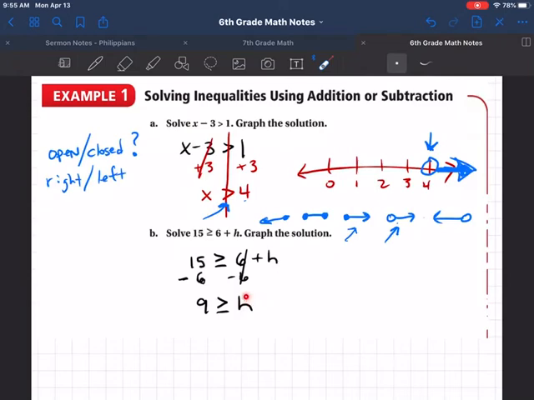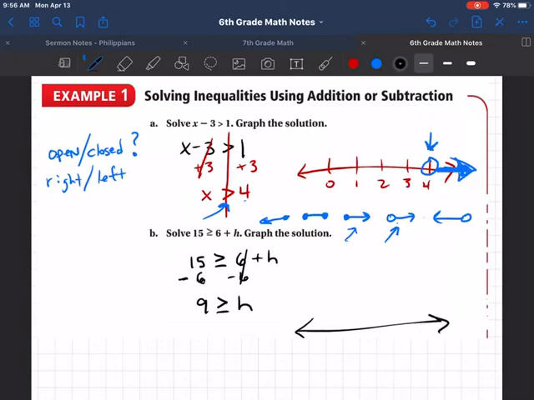But what I need to know is what are the values of h that make this true. H is true when it is less than or equal to 9. So you always start at your variable, then look at the sign that's facing it, and the small side is facing it, and it has the equal sign.